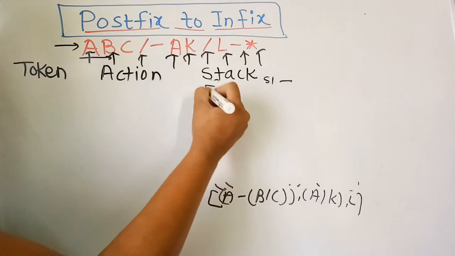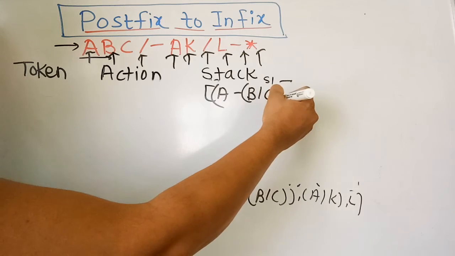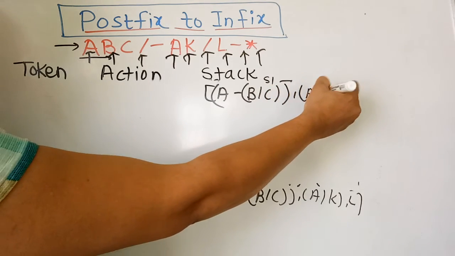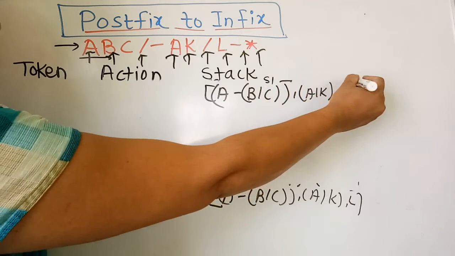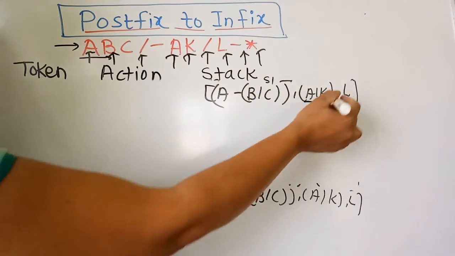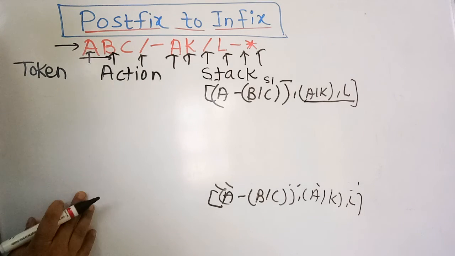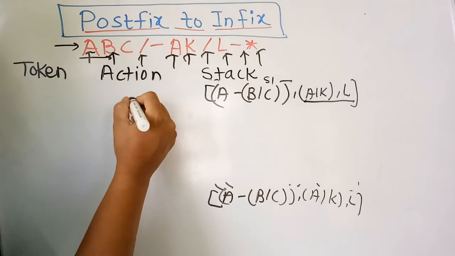For example, it is A minus B divided by C, A divided by K, L. Now for minus, these two operands will be popped and then inserted again into the stack. But how?